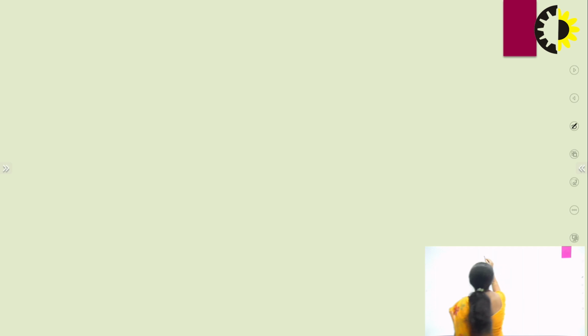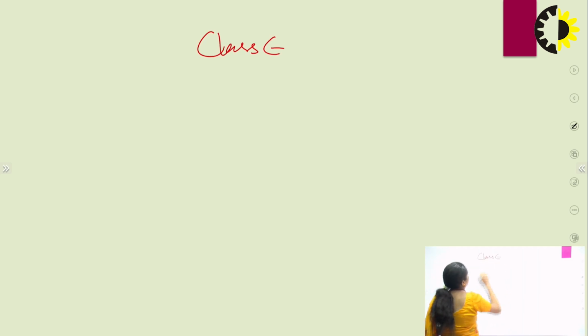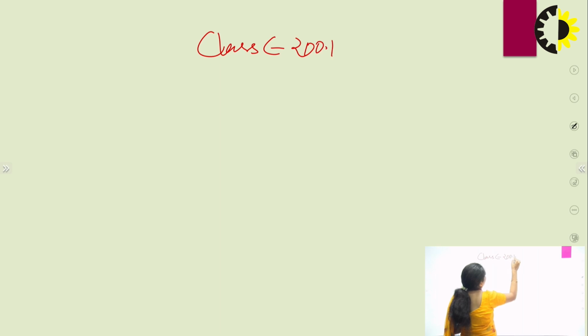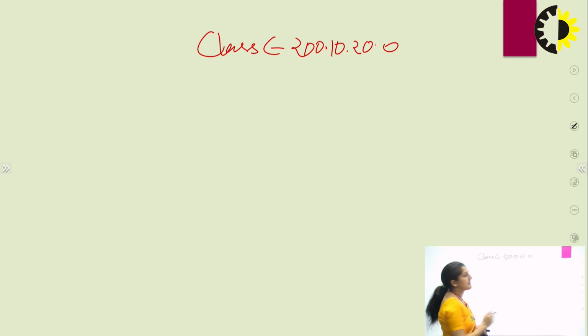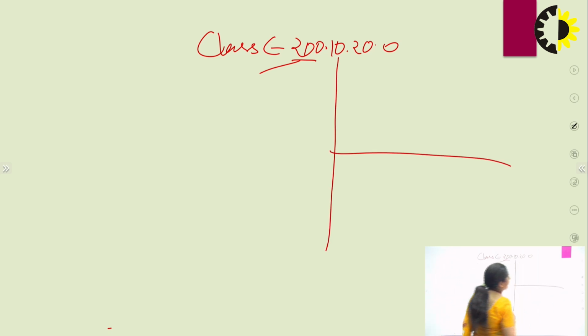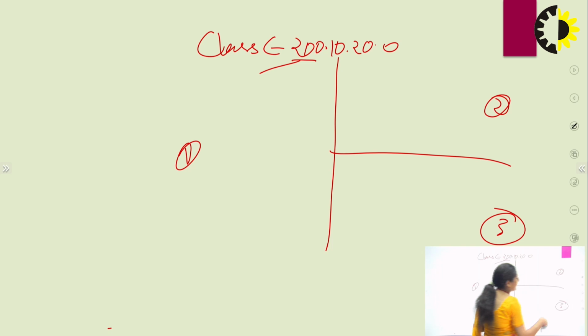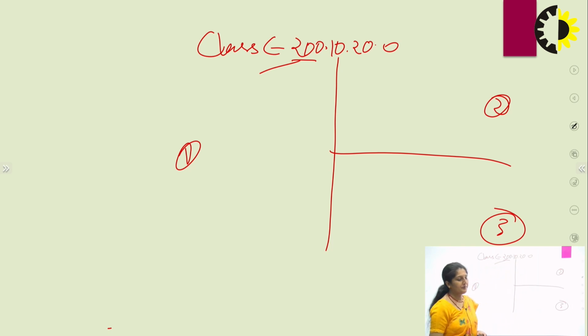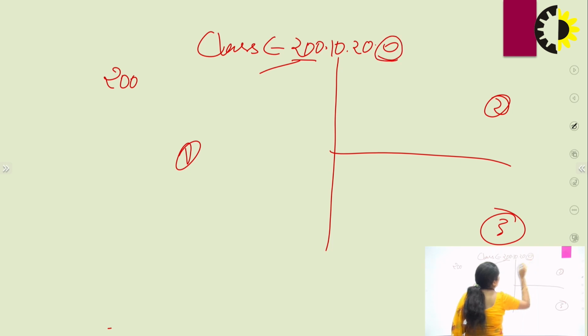Let us say I am taking class C, 200.10.20.0. How can you identify that it is class C? Because it comes in the range of class C. I want to divide this into three subnets, 1, 2 and 3. For dividing this, only the host ID part will be changed.